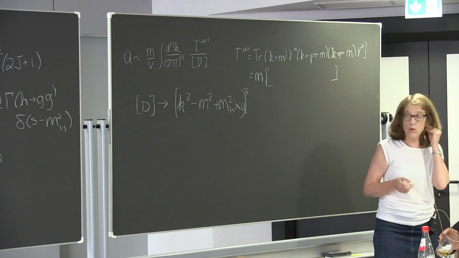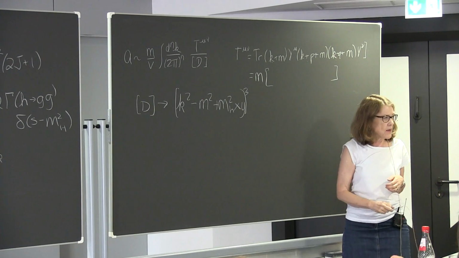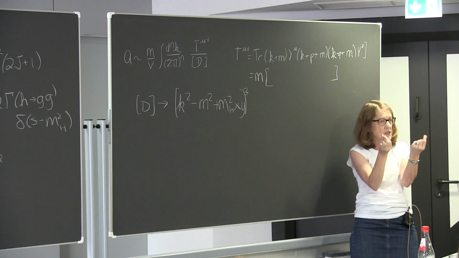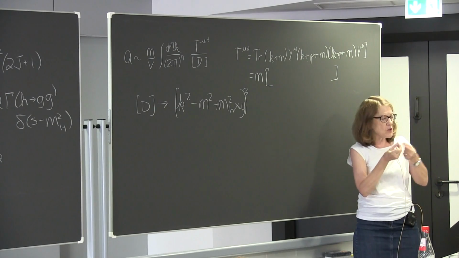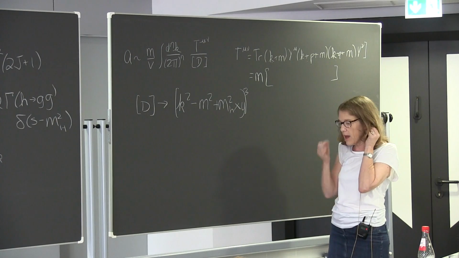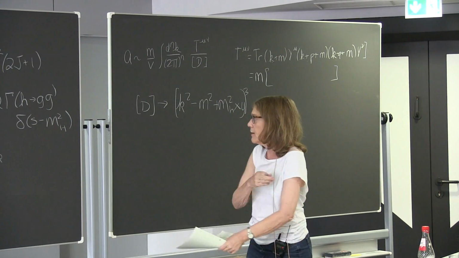What happens when you do this is you pick up pieces from k squared terms, which give you poles, which cancel other poles. So there's this delicate cancellation that you have to be very careful with. If you just blindly go ahead and calculate in 4 dimensions, you actually get the wrong answer. You have to actually think about it. Okay, so here we go.